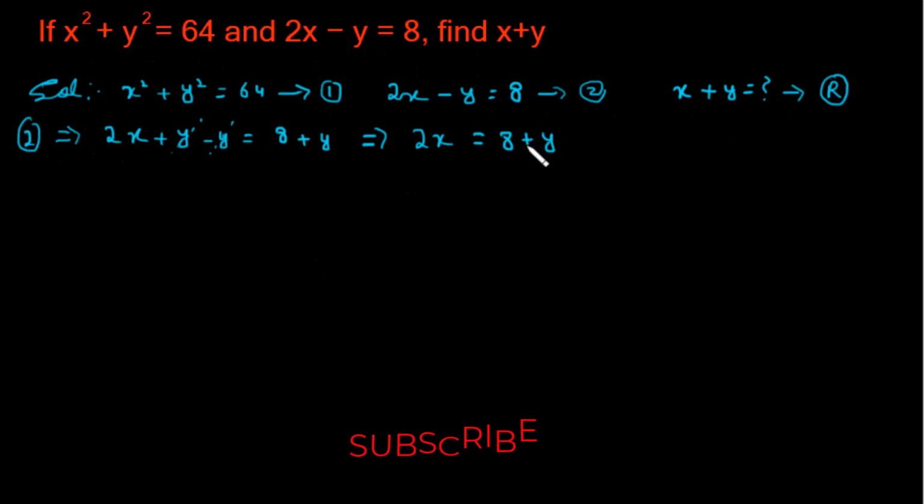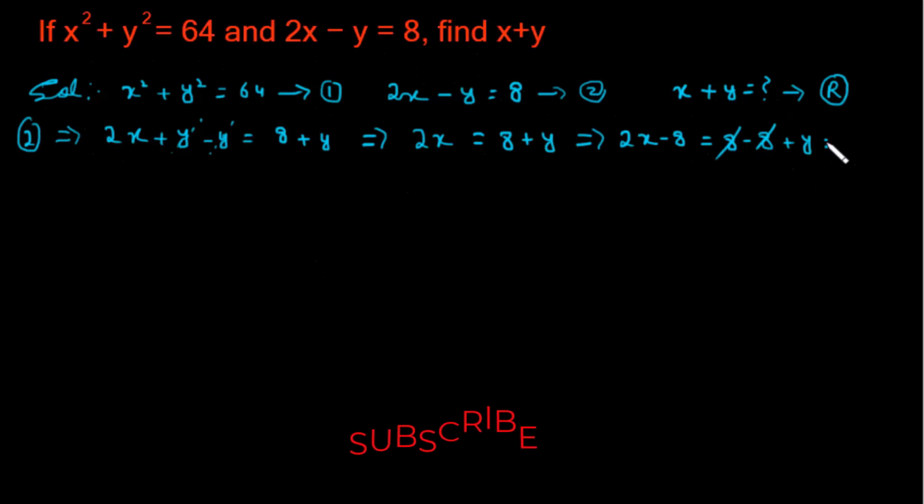Now to isolate y, I will subtract 8 from both sides. So 2x minus 8 is equal to 8 minus 8 plus y. Now this cancels, and y is isolated, so y is equal to 2x minus 8. This equation expresses y in terms of x.